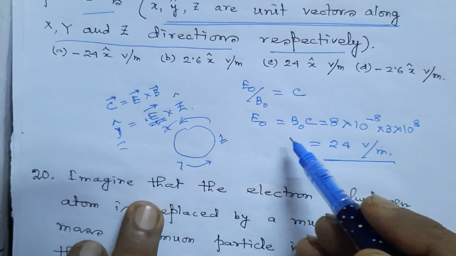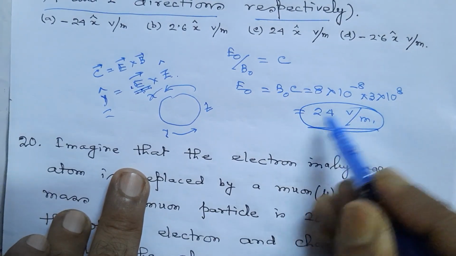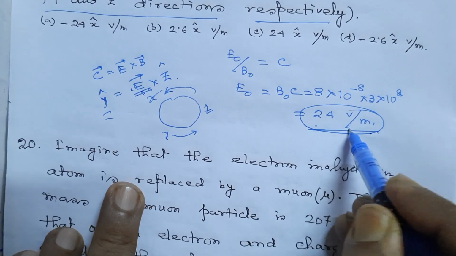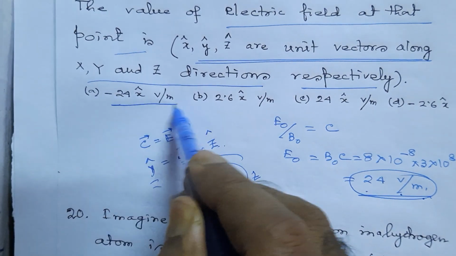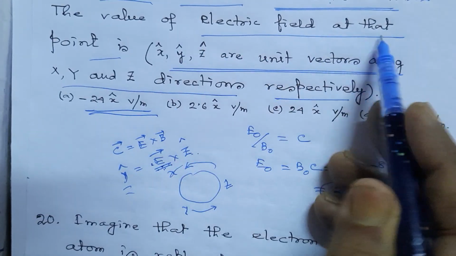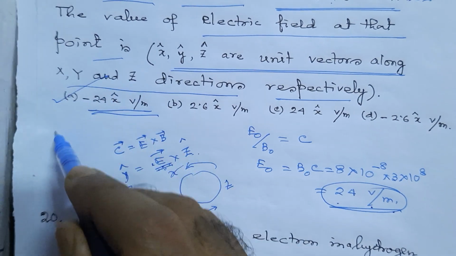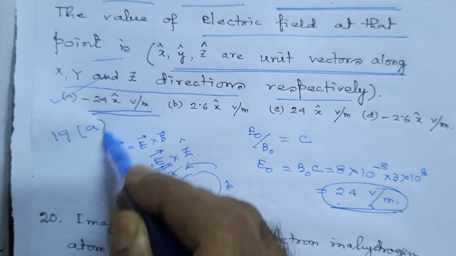So the vector should have the value 24 volt per meter, but along the minus x direction. So the electric field at that point is minus 24 x cap volt per meter. So the answer of question number 19 is A.